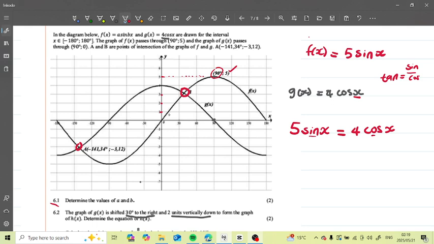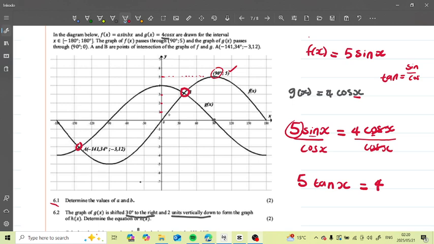Let me divide both sides by cos of x. As a result, sine over cos, the 5 is still there. Sine over cos is tan, and these two are gonna cancel out one another.